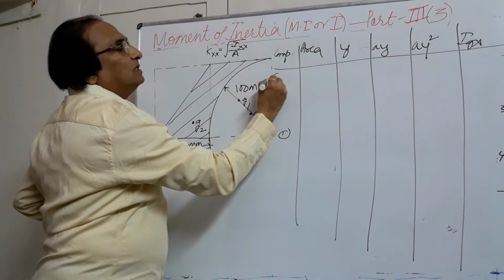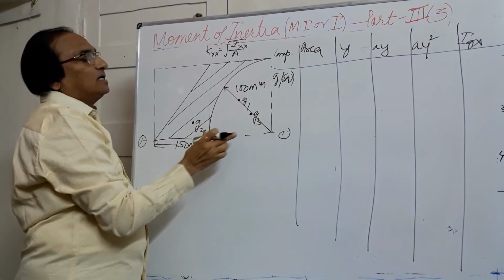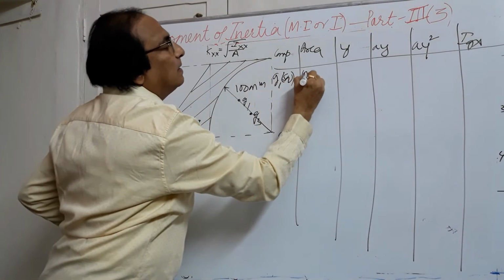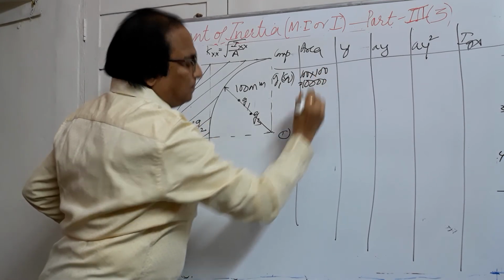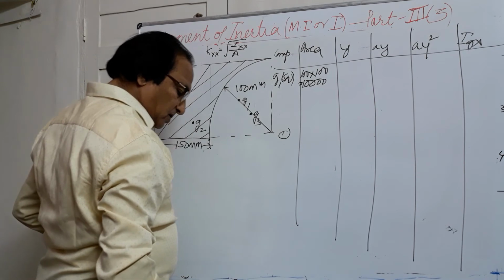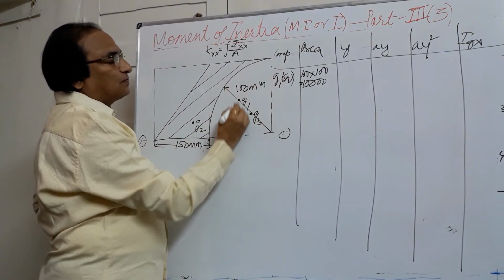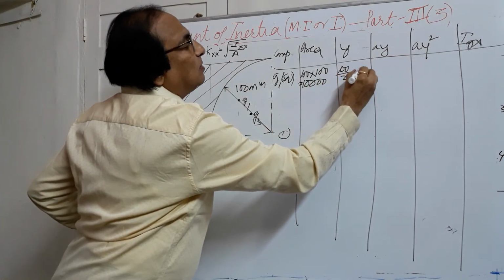Let us begin with G1. G1 is a square and the size of the square is 100 by 100, so the area will become 10000. We know the centroid of a square is at the center. We need the distance from 1 1. Total is 100, divided by 2 will be equal to 50.